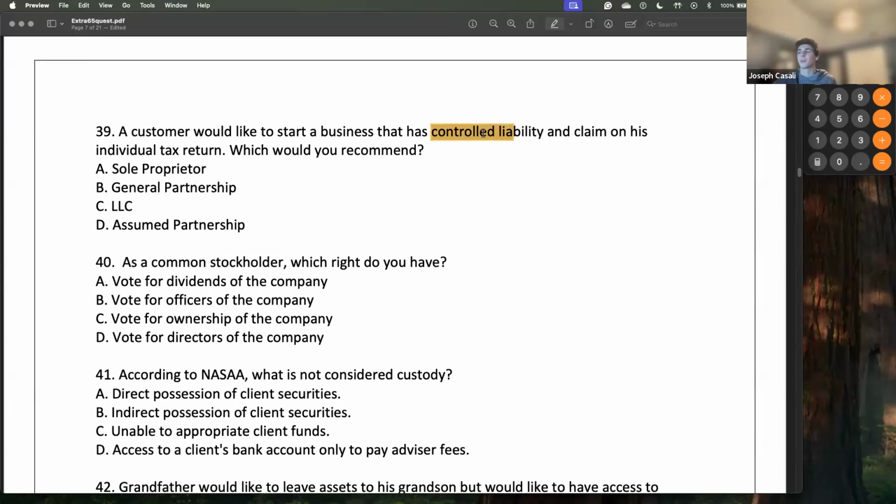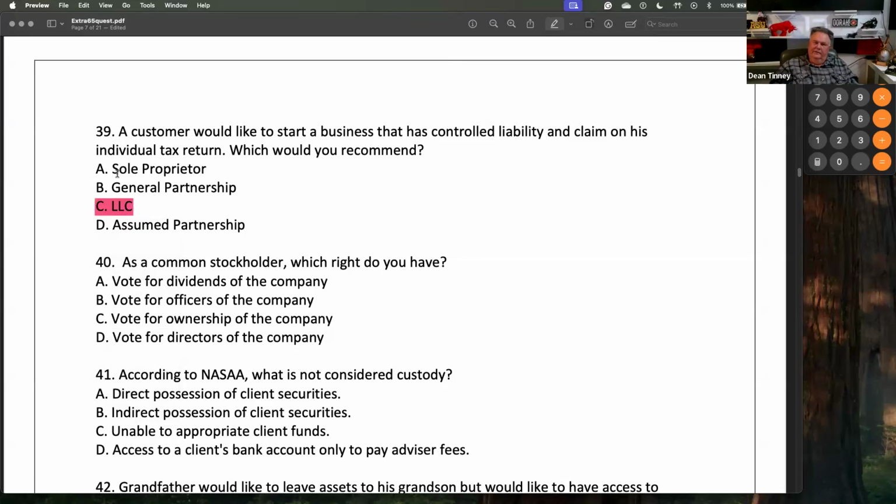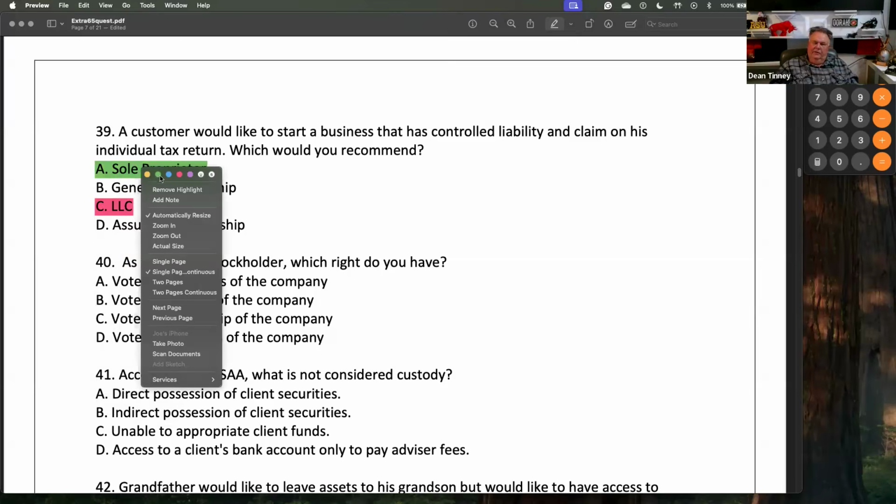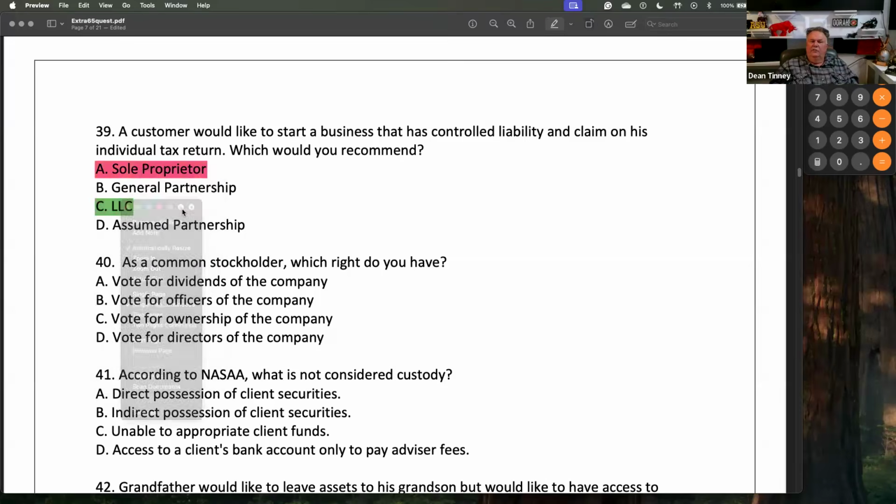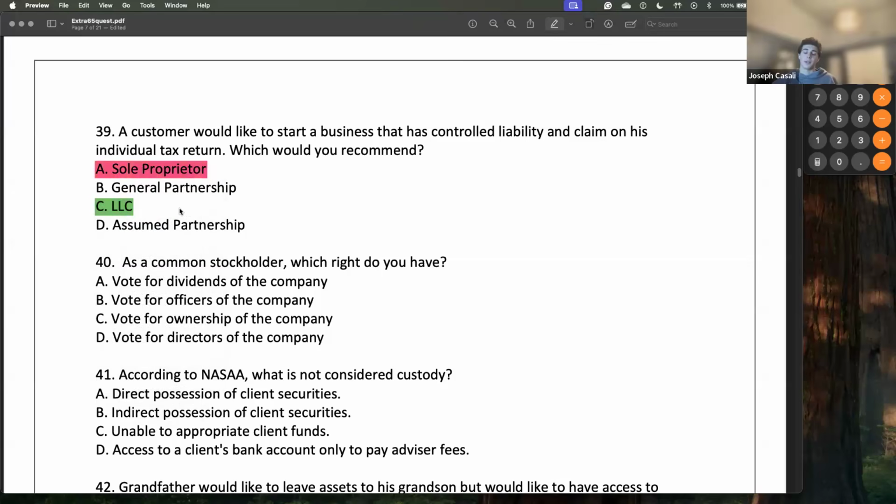Oh, the controlled liability is what was throwing me off. I think Brian's intentionally trying to use this language to get us comfortable with it, but controlled liability means limited liability. So an LLC? Yeah, and that's why he didn't want to say that, because that would give the question away. So that's why he didn't say limited liability. But once you know that, you should know it's not A, B. There's no such thing as D. Yeah, I knew that.